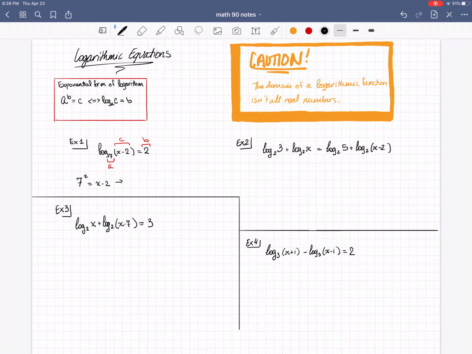Well, 7 squared is 49, right? And then we're going to add 2 to both sides, so x is 51.